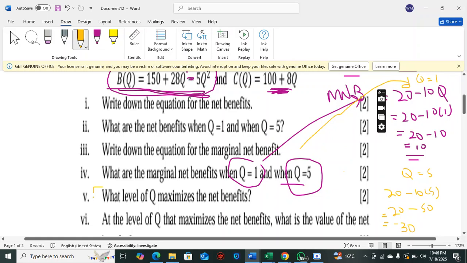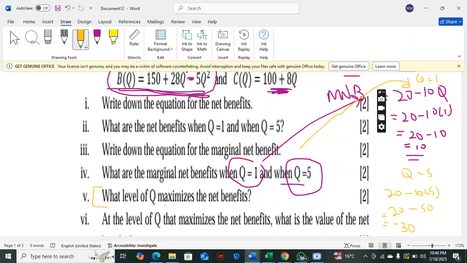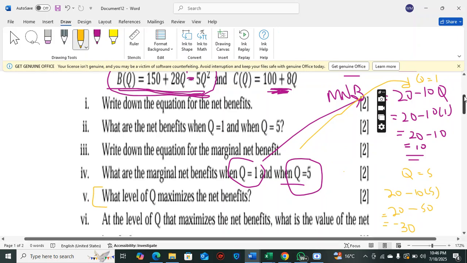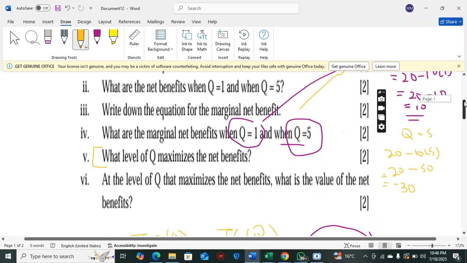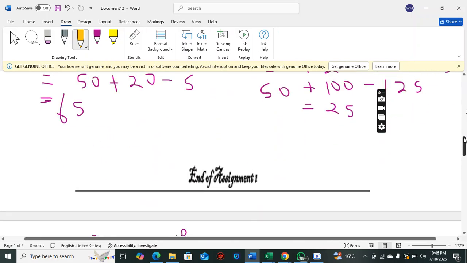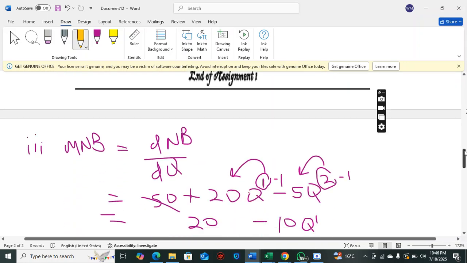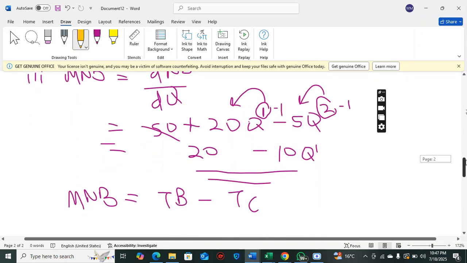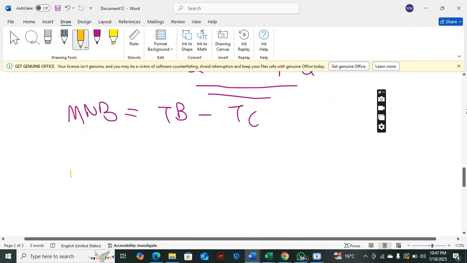Okay, part 5. What level of q maximizes the net benefit? To find what level of q gives us the maximum profit, we have to equate marginal benefit to marginal cost.